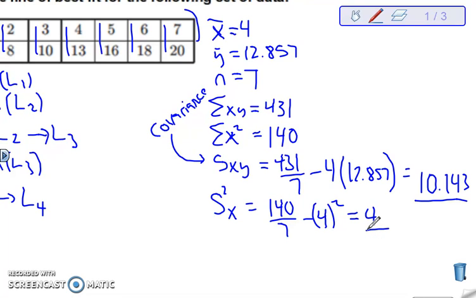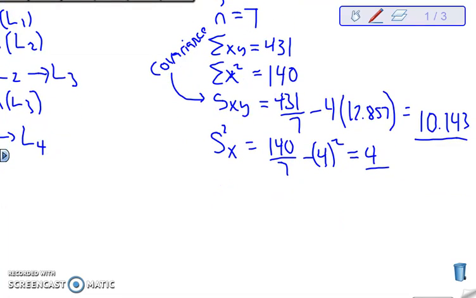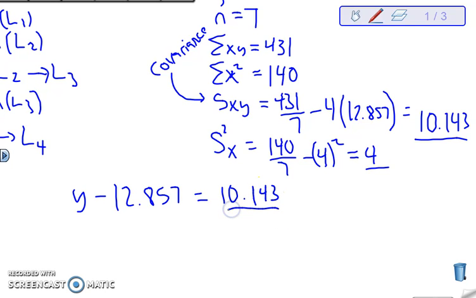All right, we have all of our information. So now we're just going to plug it into the point slope formula. Right, so we said Y minus the average of Y, which is 12.857, is equal to the slope of the line, which is the covariance, 10.143, divided by the variance of X, which is 4, times X minus the average of X, which is 4.